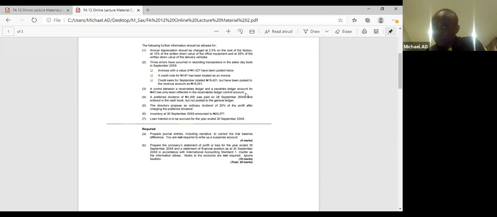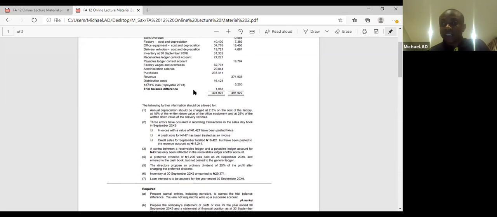Just like this illustration says, it was only reflected in a receivable ledger control account, which means that we actually debited receivable ledger control account. So what do we do to payable ledger control account? We debit our TB differences. Remember, our TB differences is this guy here.